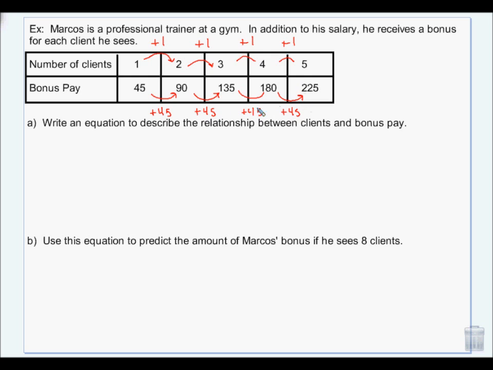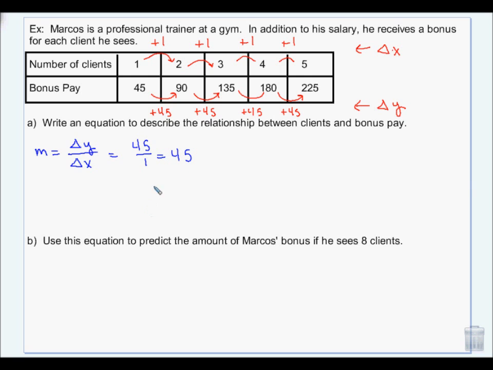So this part is the change in y, because the bottom is always y, top is always x. So this part is the change in x. And slope can be defined as the change in y over the change in x. So we get 45 over 1, which equals 45.